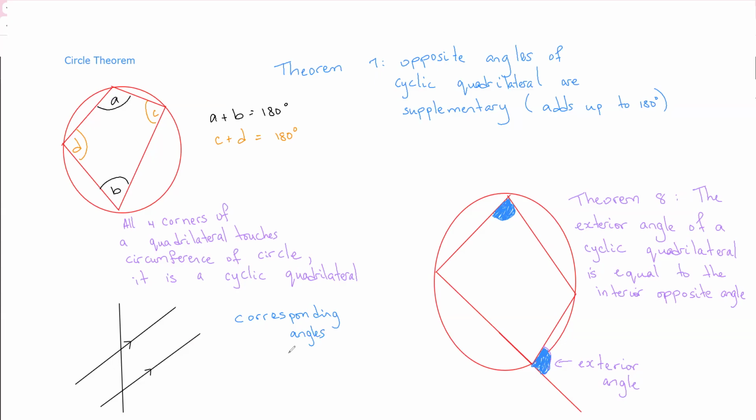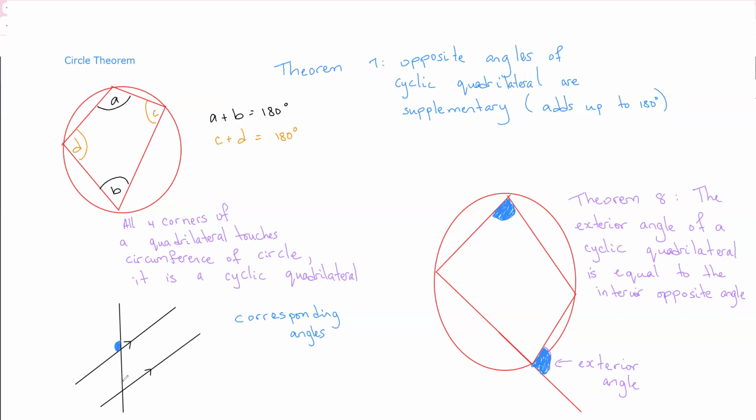Right, so these are related to your parallel lines. Your corresponding angles is basically, let's say you're looking at a particular angle. If I were to shift this parallel line down to meet this one, so it's like I'm going to just drop this one down here.